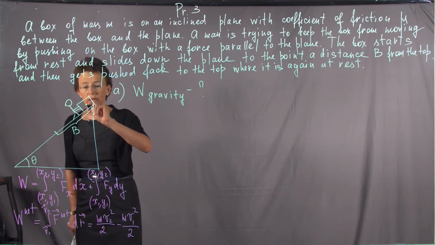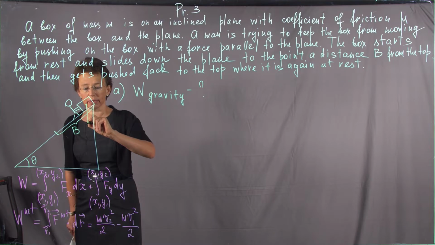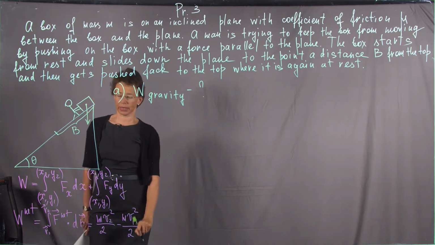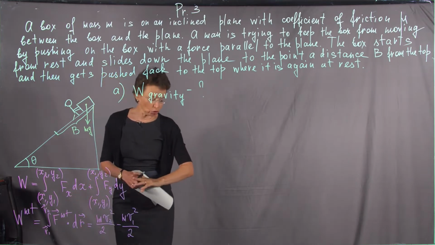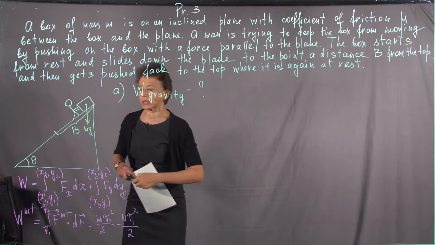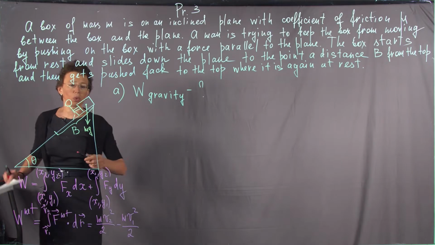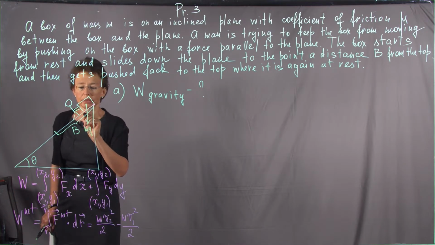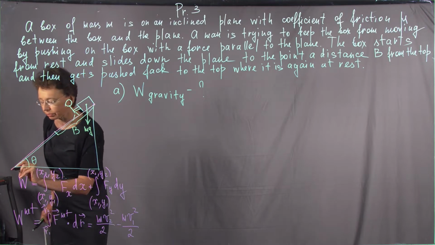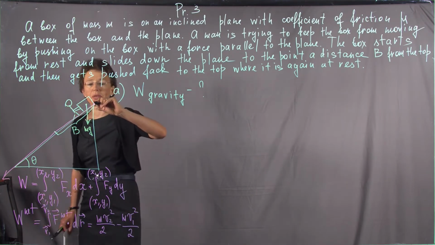Gravity is vertically down. That's a challenge. I think it looks like vertically down. This is gravity. Now I want to choose coordinate system. So which coordinate system do you want to choose? I will choose x along the inclined plane and y perpendicular.